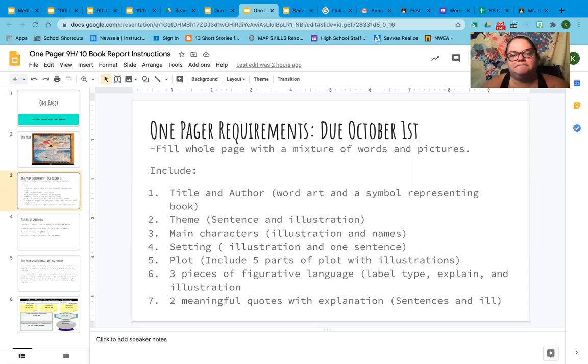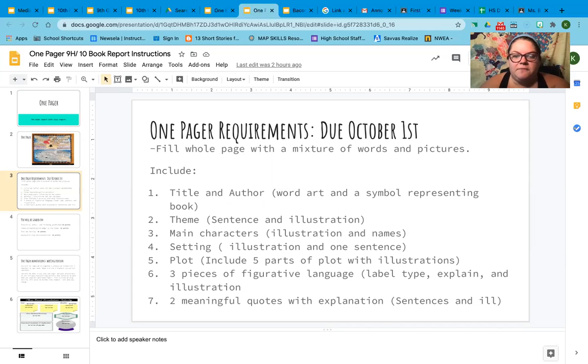And an illustration with a sentence or a listing of what the setting is, right? Then you will need the plot, include all of the parts of plot with different illustrations for each and every single step. So remember, exposition, rising action, climax, falling action, and then resolution. I do want all of those parts in there with the illustrations for each part.